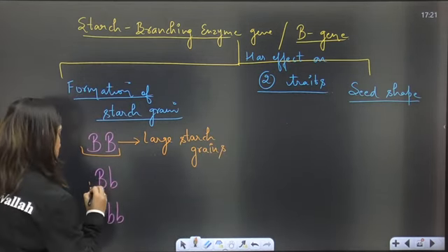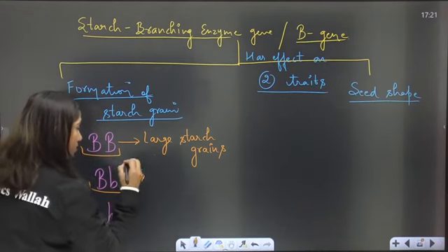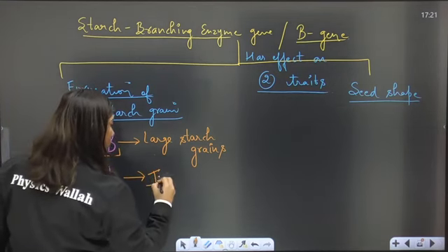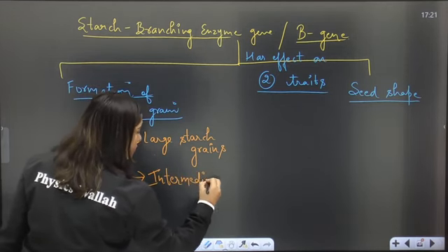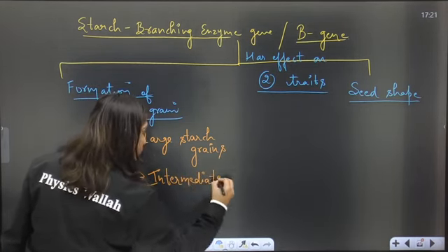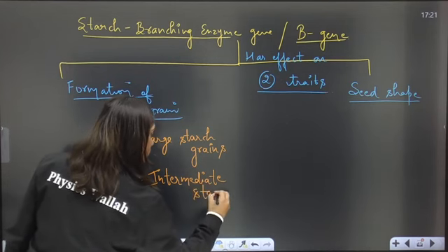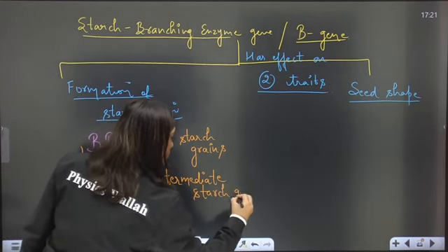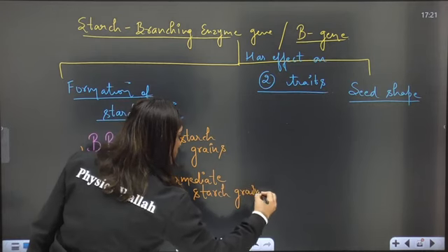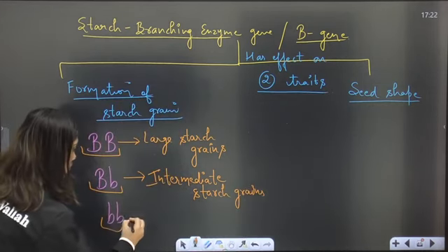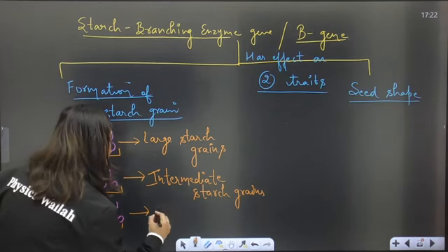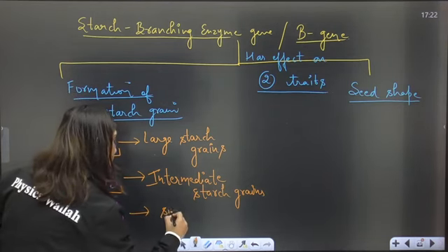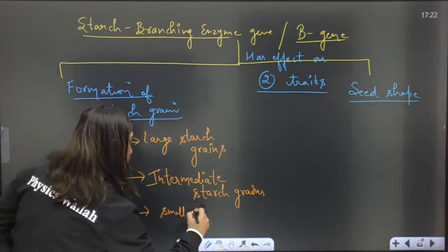But if this is present in the heterozygous condition, then it will form intermediate starch grains. And if it is present in the homozygous recessive state, then it will form small sized starch grains.